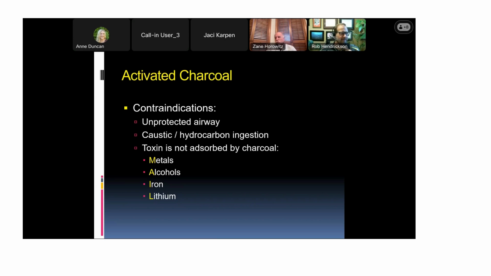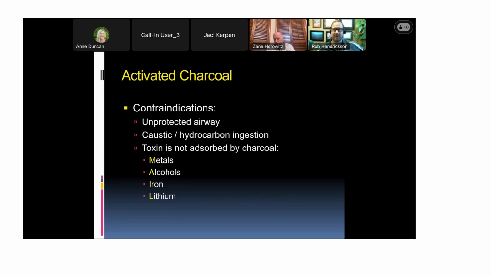All right. Yeah, and what Roberta was just saying is, yeah, so there is some evidence that activated charcoal, within the first 4 hours, decreases the number of people who have an acetaminophen concentration over the nomogram.